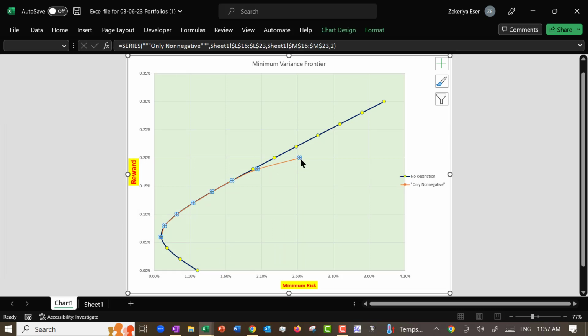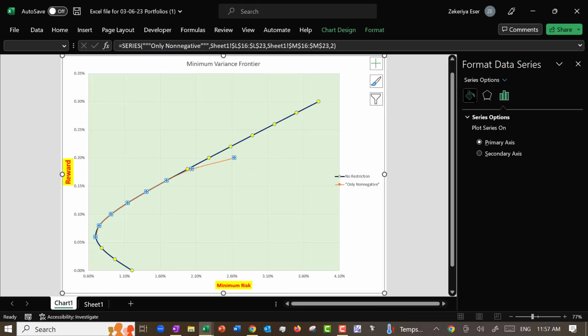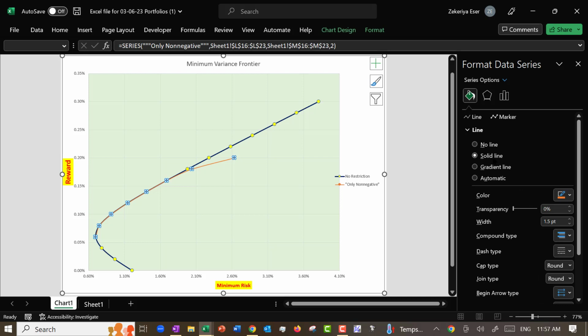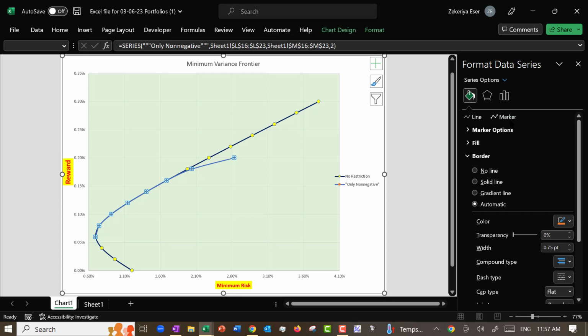Let's pick this one. I'm going to do a solid line, make it a bit thicker. Let's look at the markers.